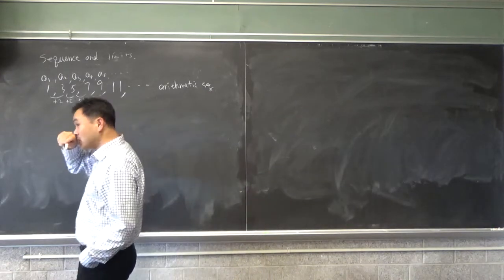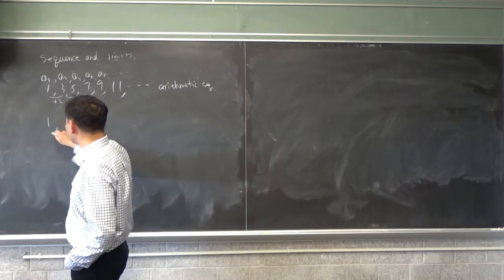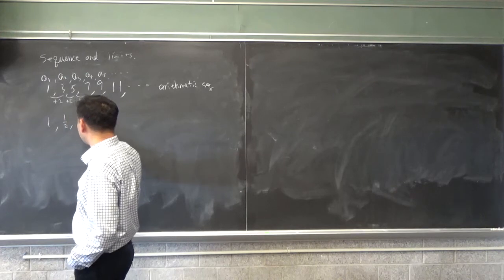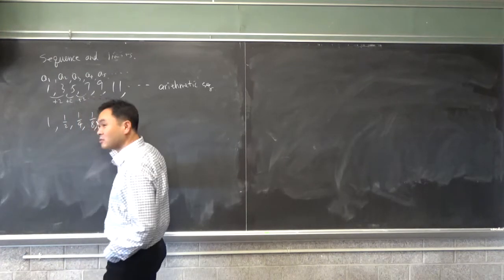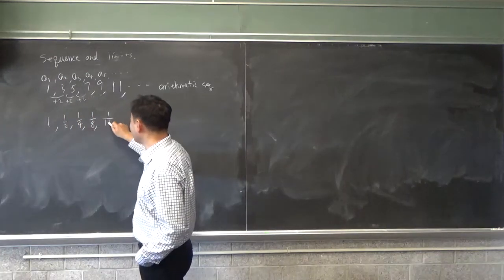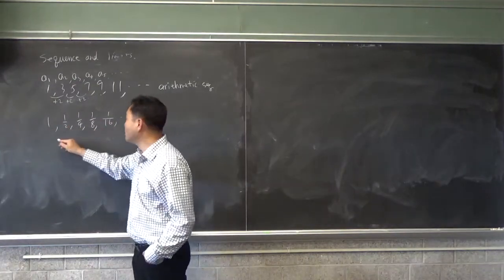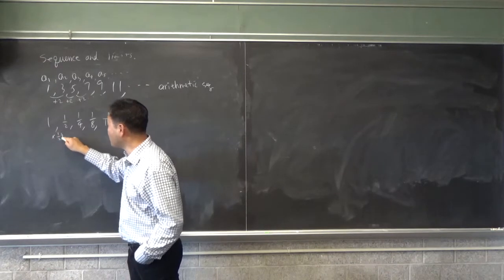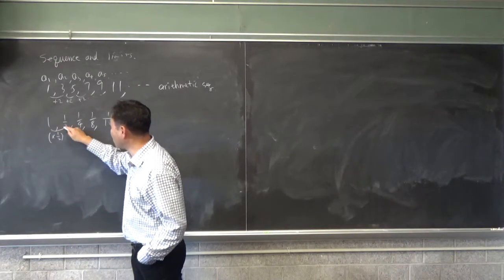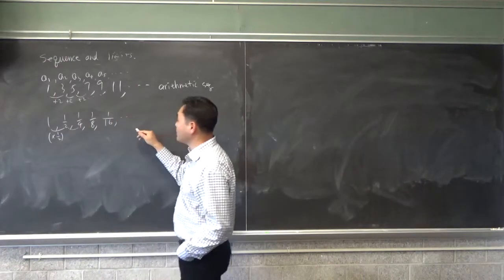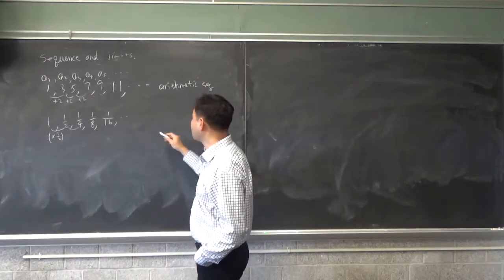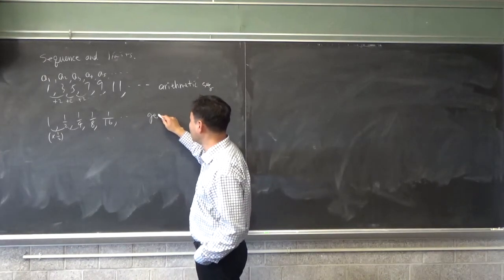And then sometimes you can have something like 1, 1/2, 1/4, 1/8. What's next? 1/16. How are we moving to the next one? Divide by half, or multiplying by 1/2. Same thing, right? If something like that happens, this is called a geometric sequence.